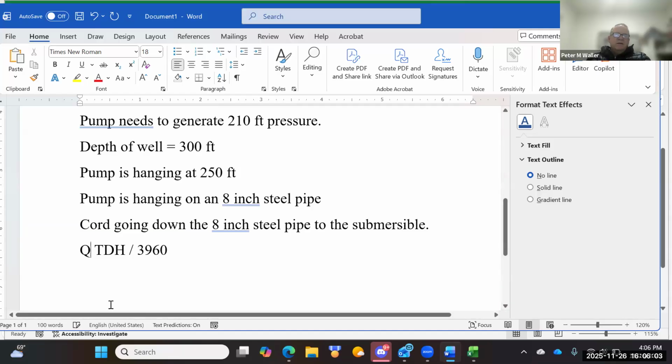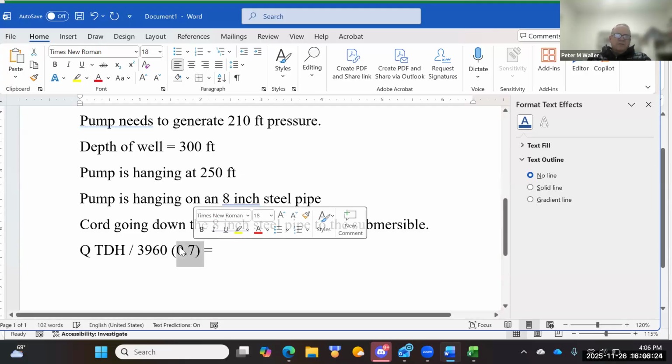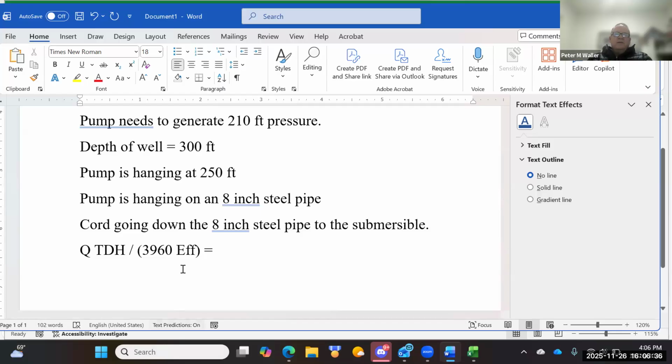So Q in gallons per minute times total dynamic head divided by 3960, and also divided by 0.7, because we're going to assume that the well pump has a 70% efficiency. So let's just put efficiency here. This is the equation we used to use. Even though I got it from AI this morning, this is the actual equation.